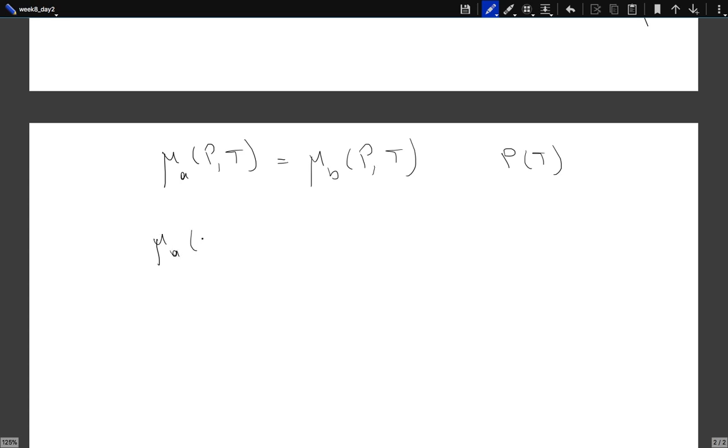So mu A (P(T), T) at an arbitrary point along that line should be equal to mu B. Pressure now is a function of temperature. Well, let's just take the derivative with respect to temperature of both sides.